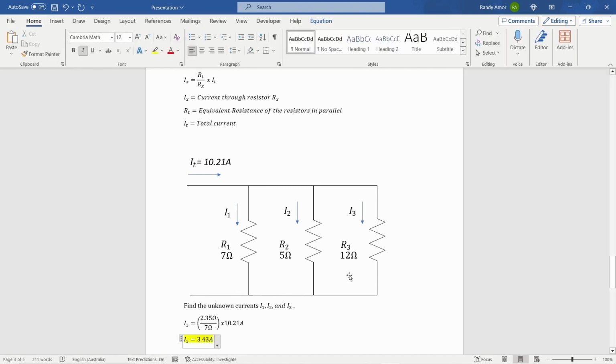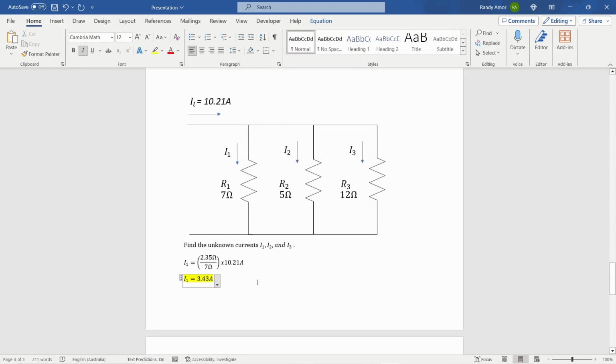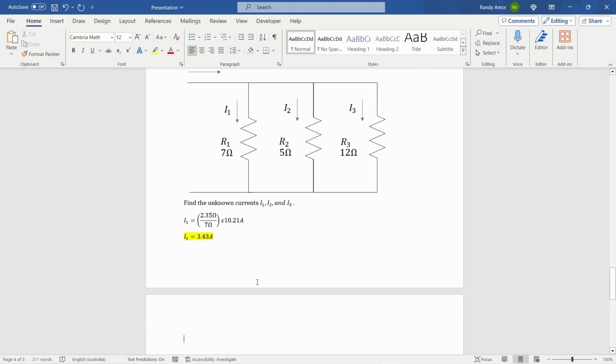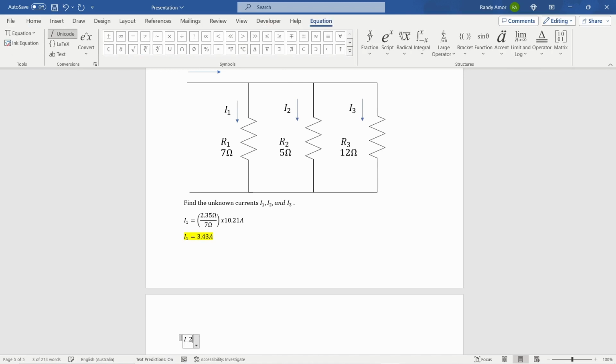Okay, and then for I2, it will be RT, 2.35 ohms, divided by Rx, which will be R2, 5 ohms, times IT, which is 10.21 amperes.